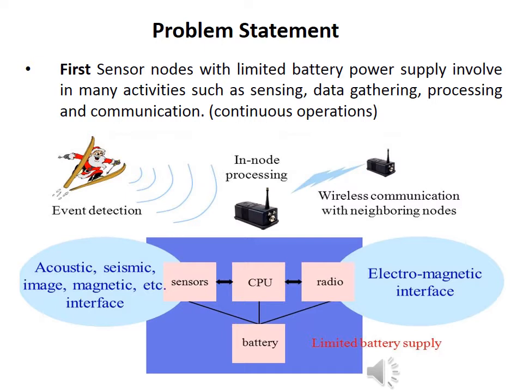Now, dear students, we are going towards our main problem regarding the sensor nodes, and I am explaining the problem in steps. In the first step, we are concentrating on the fact that sensor nodes with a limited battery power supply are involved in many activities such as sensing, data gathering, processing and communication.